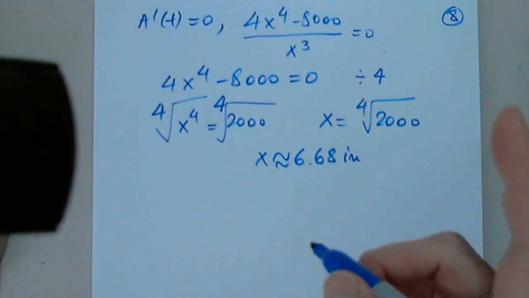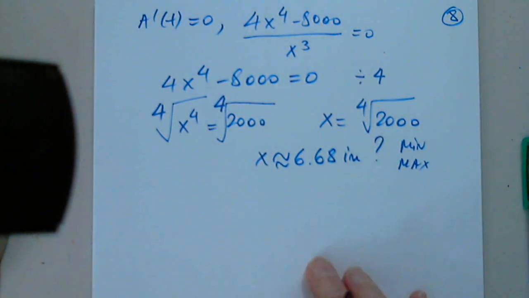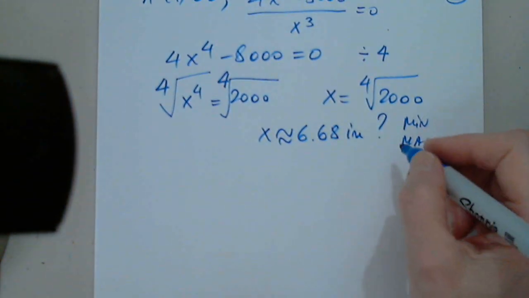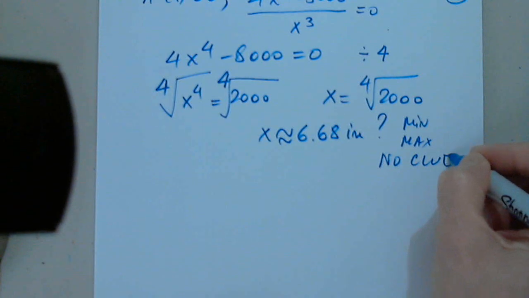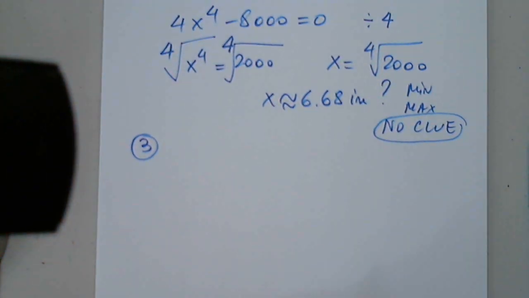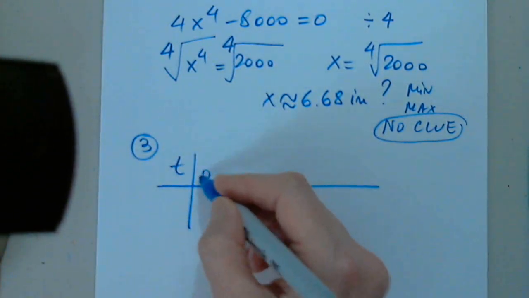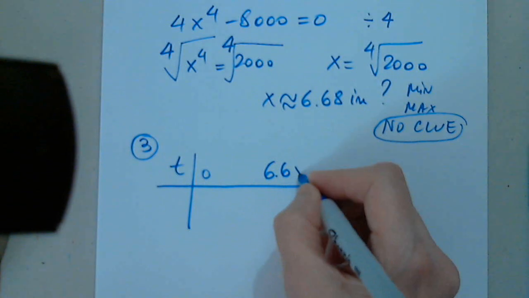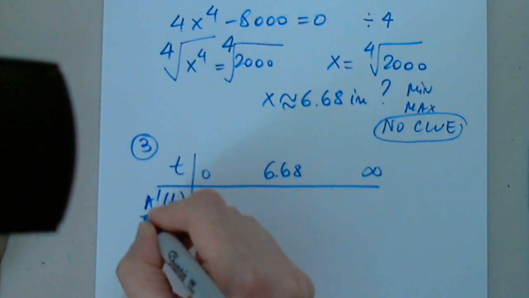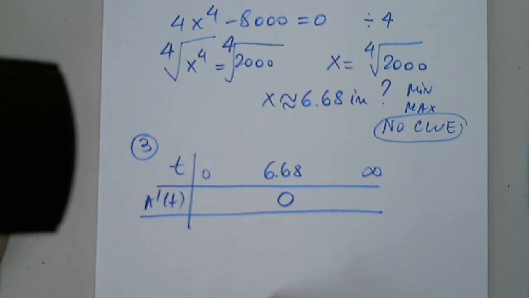And now I'm asking you, does this give a min or a max? And the correct answer is no clue, because I did not go to step 3 yet. What does step 3 say? To study the sign of the derivative.